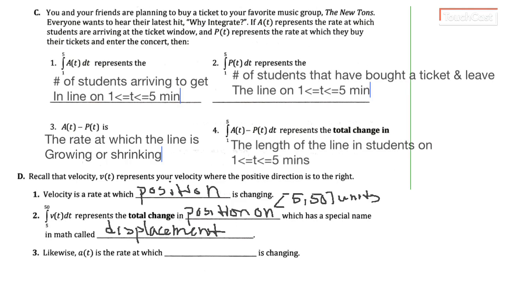Likewise, a of t is the rate at which the velocity is changing. Remember, a of t represents the acceleration.